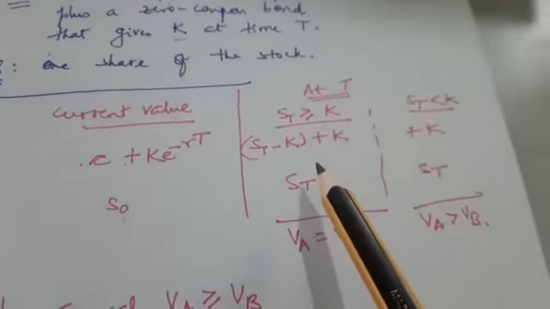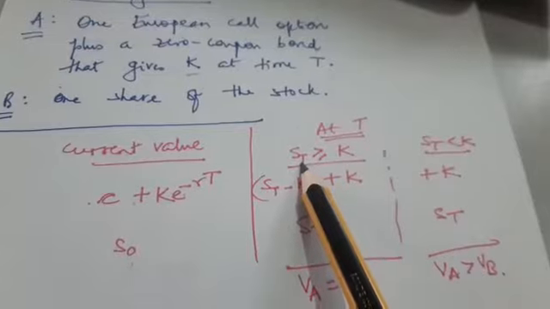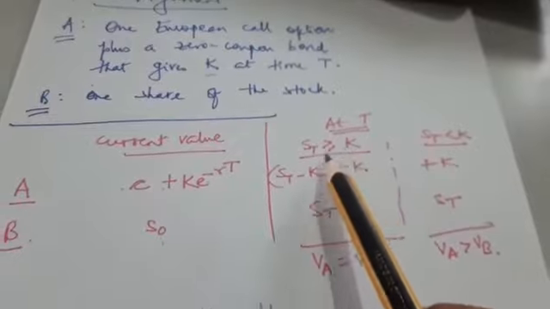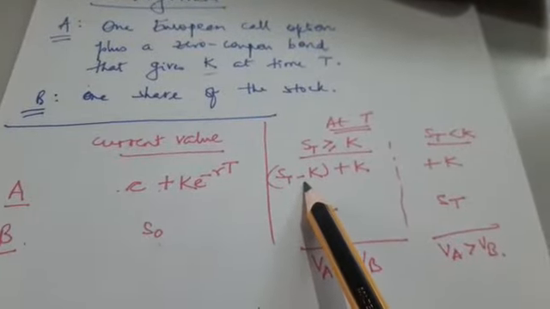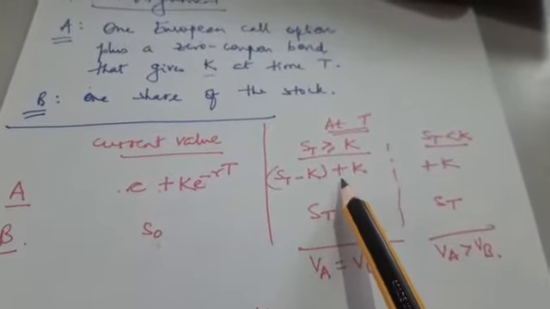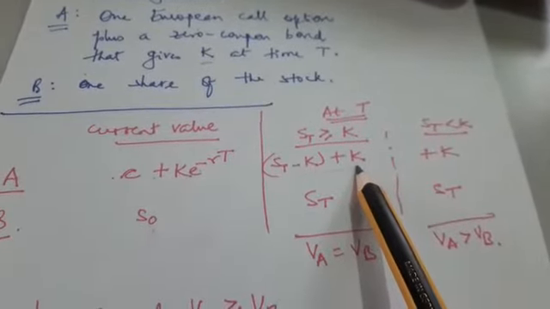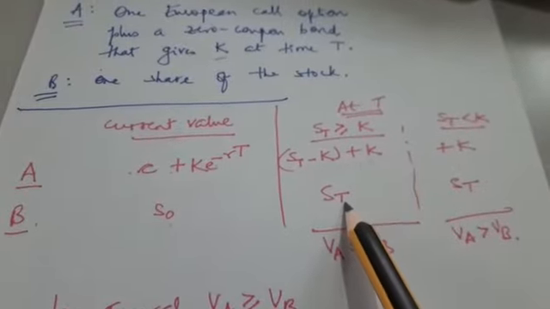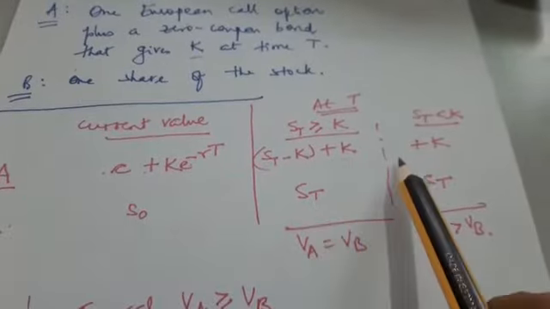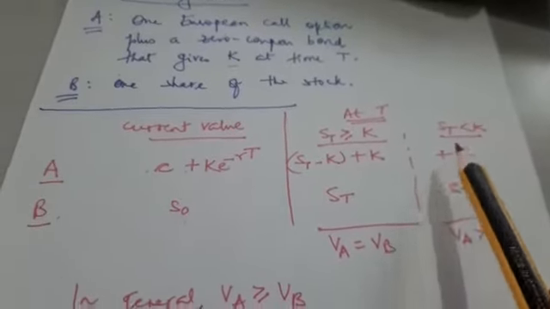The question now is, what is the future value? Again, there are two scenarios. The stock price at capital T could be greater than or equal to the strike price, in which case you will exercise the option. Your payoff from exercising the option in portfolio A would be ST minus K, plus K from the zero coupon bond, and for portfolio B it will be ST, the value of the share at T. The second scenario is where ST is less than the strike price, in which case you will not exercise the option.